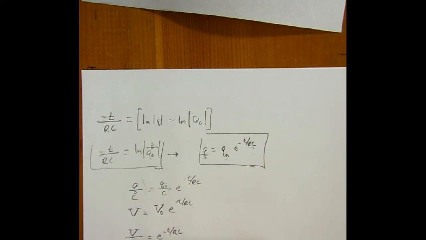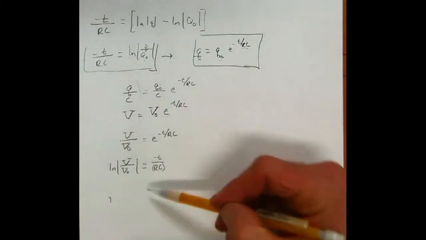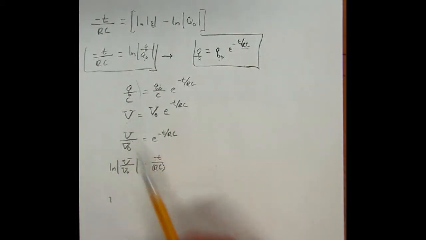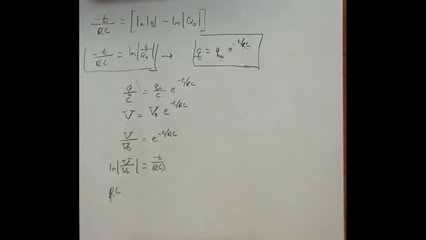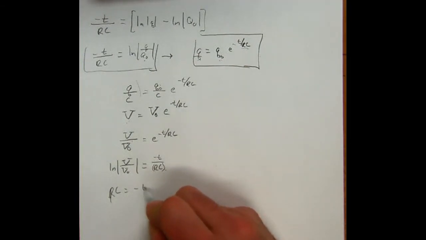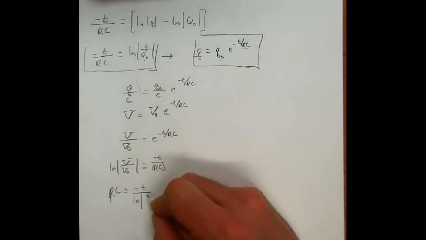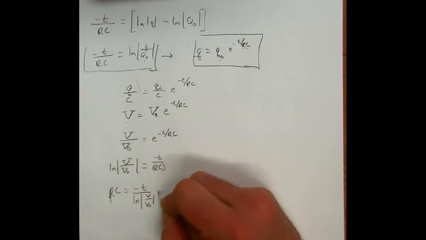As I said, we're just dividing through. Now, finally, I can find for my time constant, my tau or my RC is equal to negative t divided by the natural log absolute value of V over V naught.